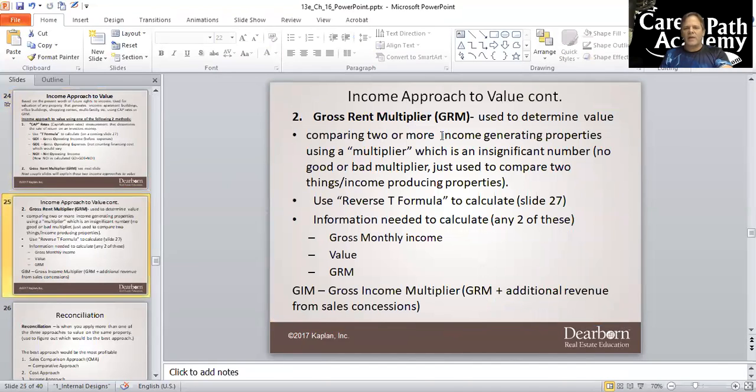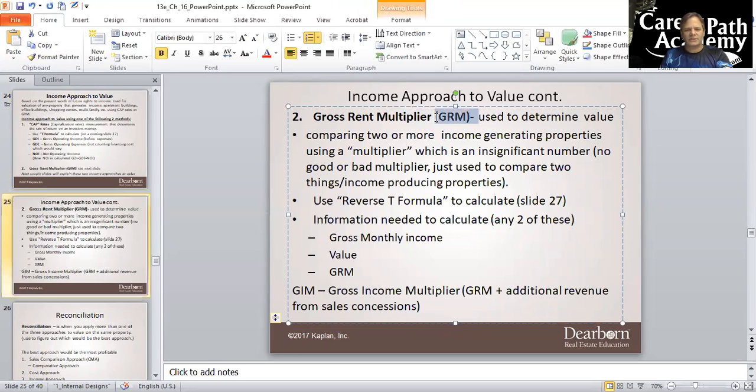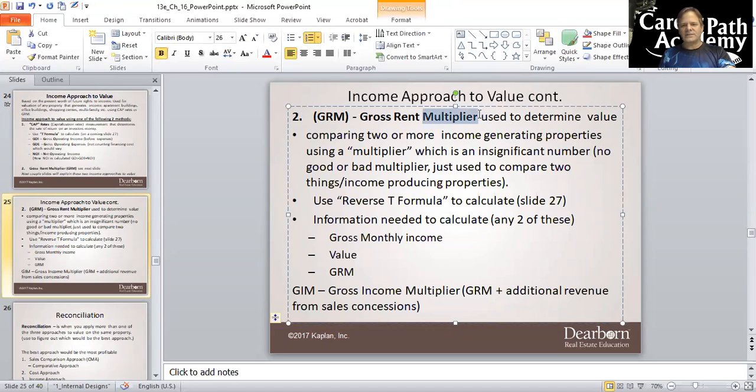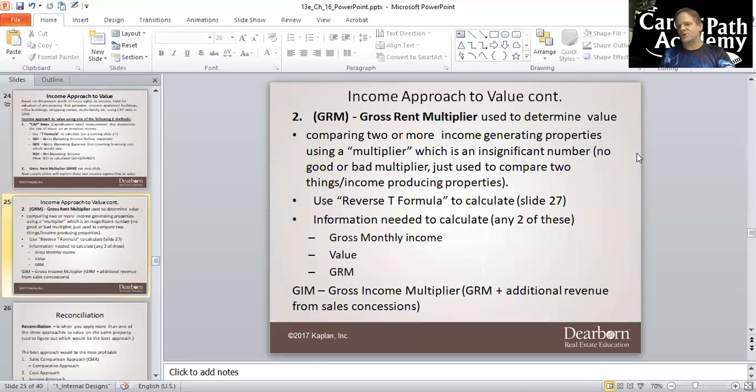So GRM is the gross rent multiplier. A multiplier is not a percentage or a rate. A multiplier is just a number. The number itself is insignificant, but it's used to compare two things. In this case, two similar income producing properties.